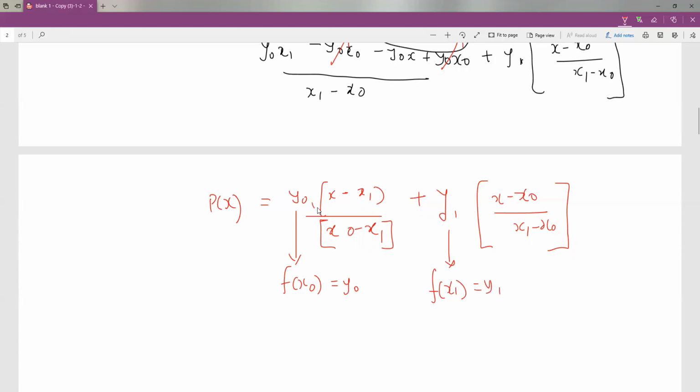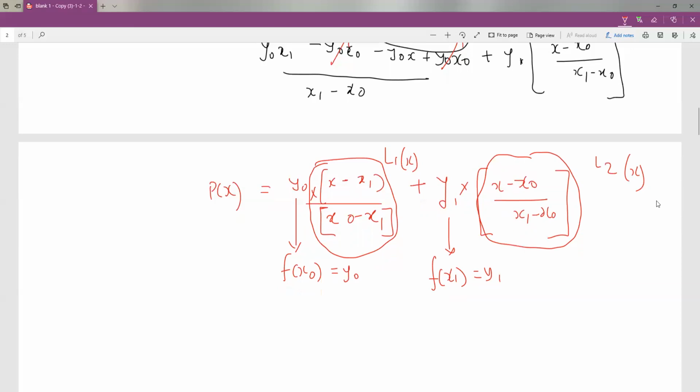And these are the Lagrange interpolating coefficients. This is L1, and this is the second Lagrange interpolating function, that's L2, and of course both are functions of x.